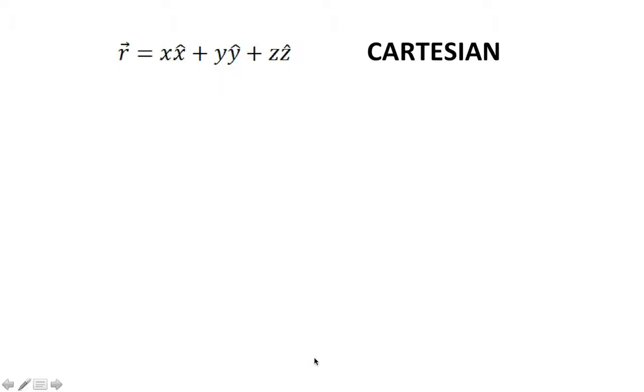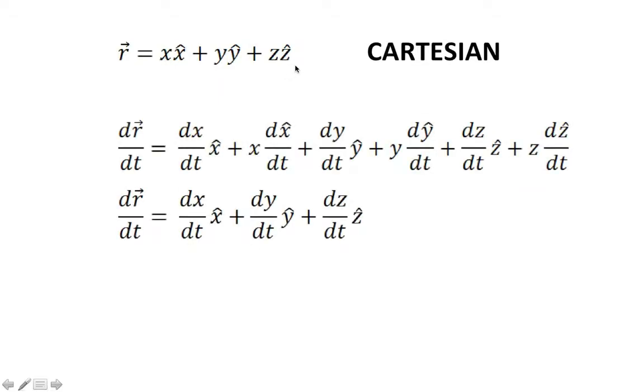First, let's look at the time derivative in Cartesian coordinates to familiarize ourselves. The displacement vector is given by x x hat plus y y hat plus z z hat. To take the derivative of the displacement vector, we need to use the product rule on each of the terms. Therefore, we'll get both a dx/dt x hat term and an x d(x hat)/dt term.